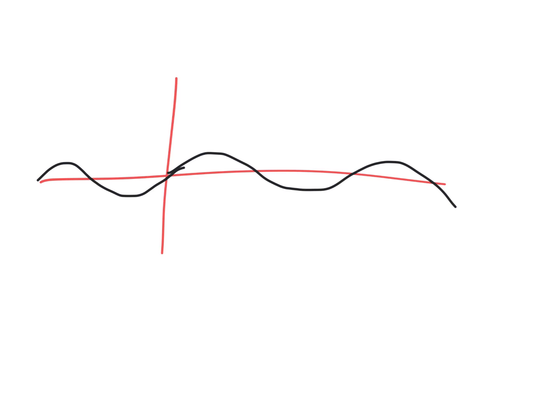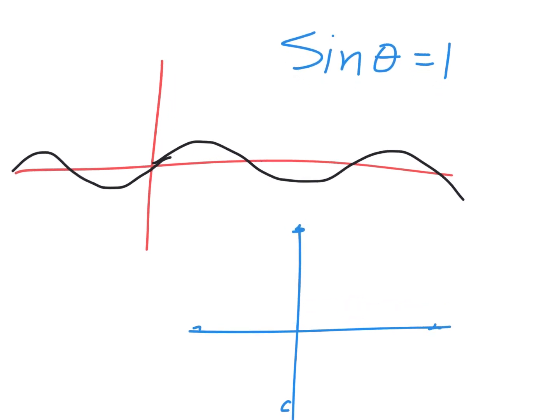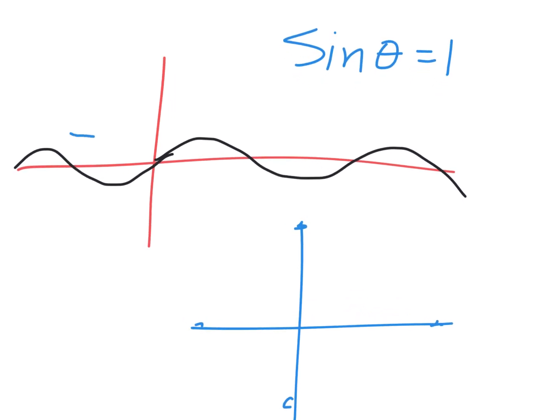It's a wave. All right. So if you look at sine, then you say, what if I want sine to be equal to 1? Well, I know you're used to doing it this way, where you figure out which quadrantal it is, but I want to remind you, sine is equal to 1 when its height is 1.